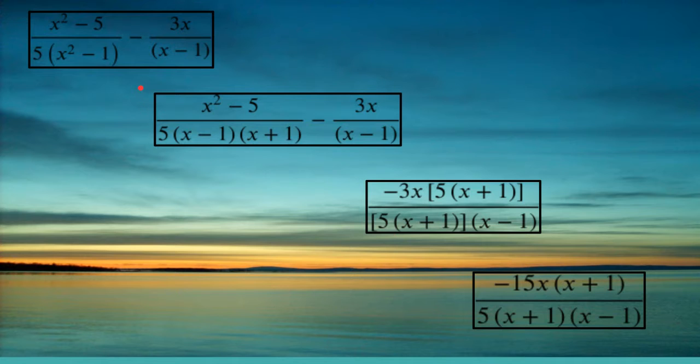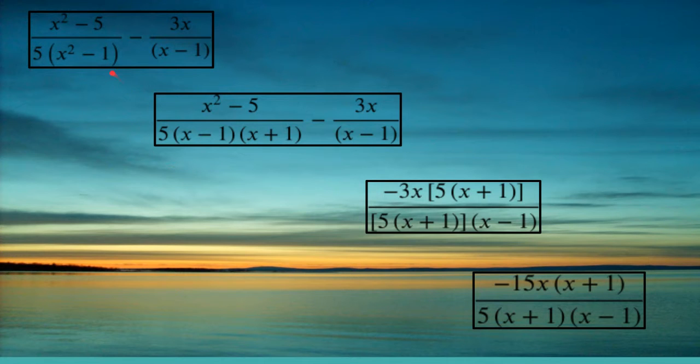Now let's do an equation. This is the equation we'll be doing: x squared minus 5 over 5x(x squared minus 1), minus 3x over x minus 1. First, look in the denominator, where we have x squared minus 1. Let's factor that.